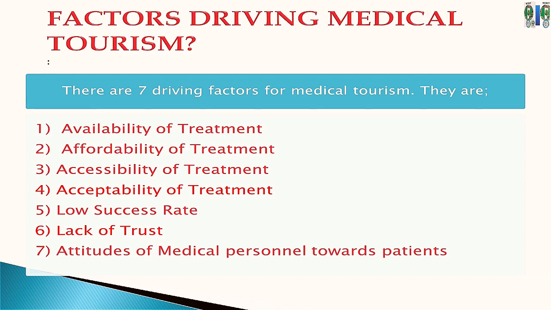Then we have acceptability of treatment. The treatment may be available, affordable, accessible, and it may not be acceptable. There are some countries you go to today where organ transplant is not allowed. And even though organ transplant is allowed, they don't allow a third-party donor. You know what I mean by third-party donor? It is someone who is not a family relation.